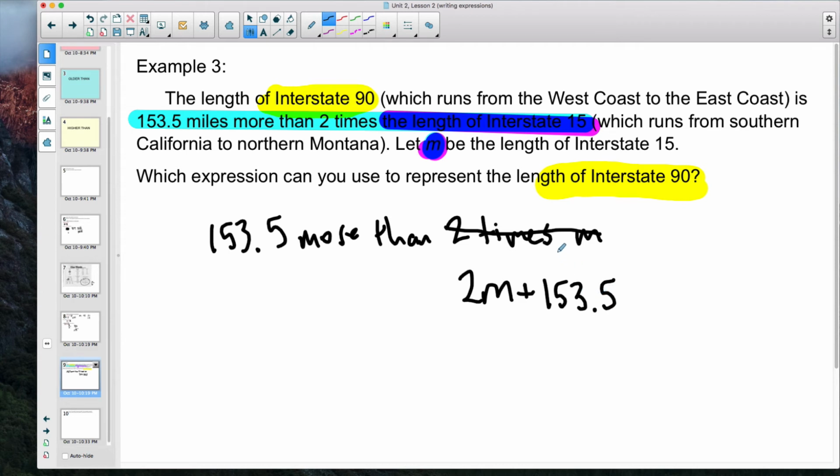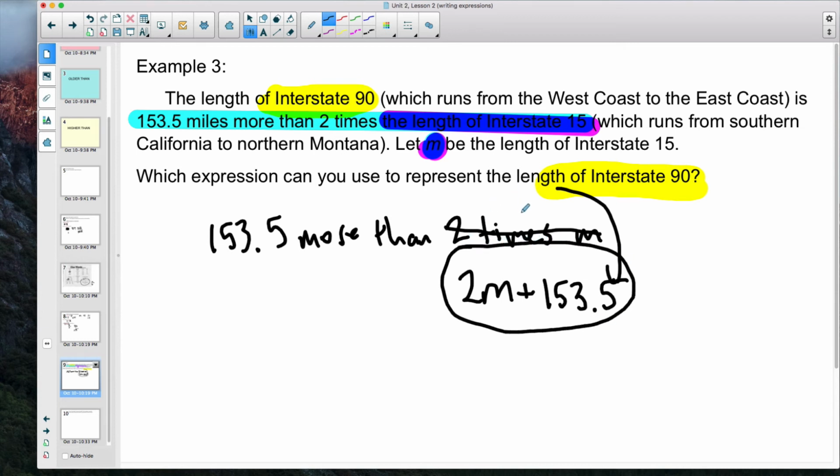And what was this even telling me? This is the length of Interstate 90. Interstate 90 is, if you take the length of Interstate 15, multiply it by 2, and then add 153.5, that'll give you the length of Interstate 90. I've just taken this whole crazy word problem and represented it with one simple algebraic expression.